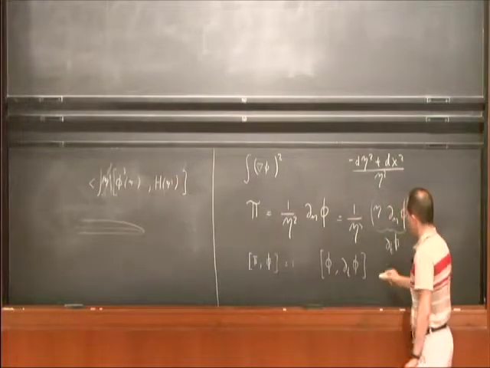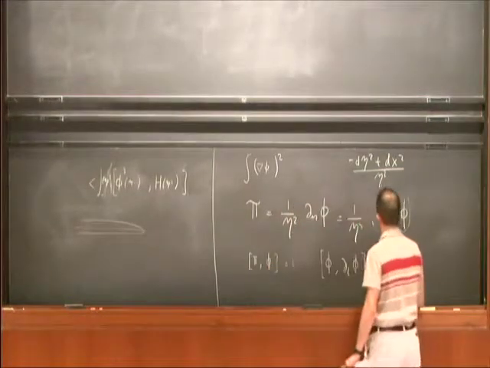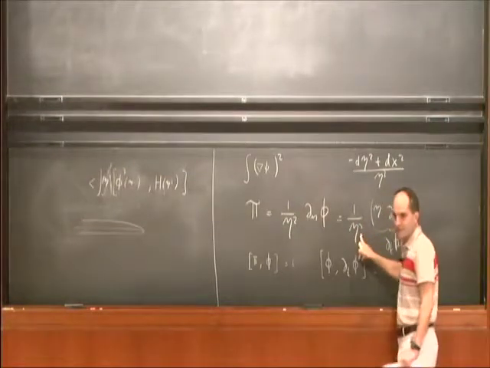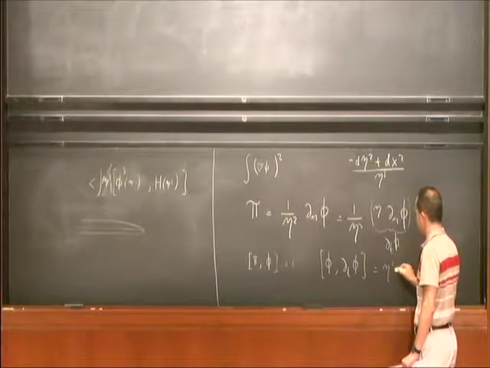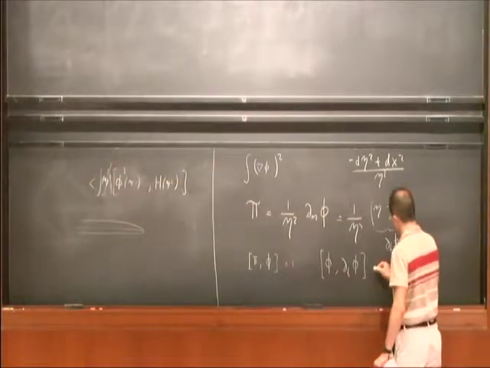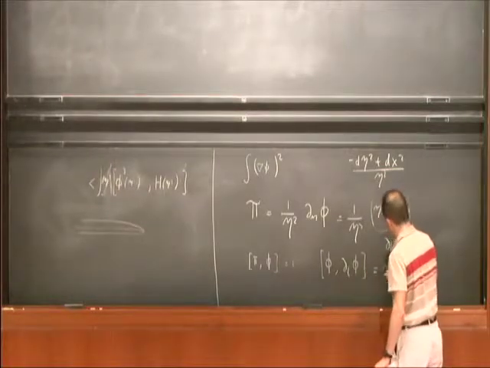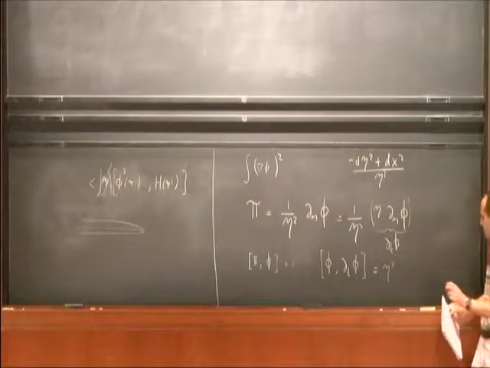But this commutator can be computed from the commutator between pi and phi, which is i, and the difference is this factor of eta cubed. So this is of the form eta cubed. And so you see that at late times, when this decreases, this is going to 0.